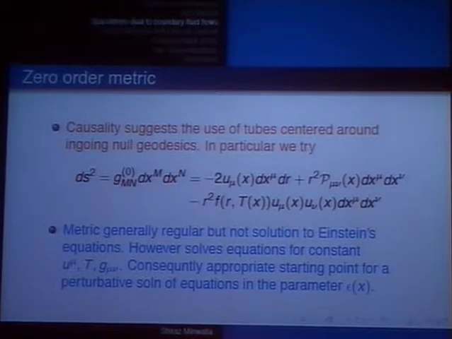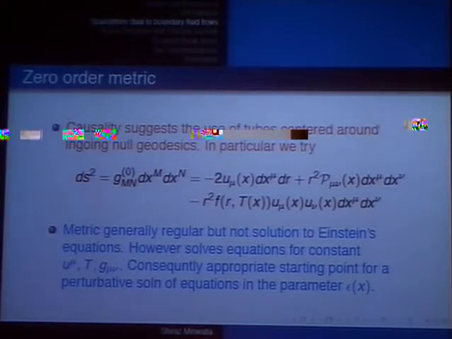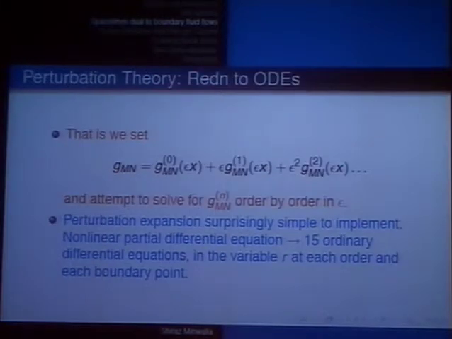The other good property that the space-time has is that when temperatures and velocities are constant, it solves Einstein's equations. So you might think, these are two good things, so maybe this is an appropriate starting point for perturbation theory, to build up solutions in a perturbation series in epsilon of x, where this is the zeroth order term. So let's try that.